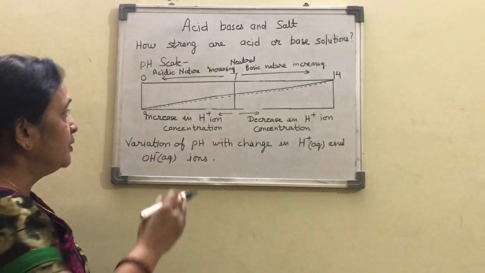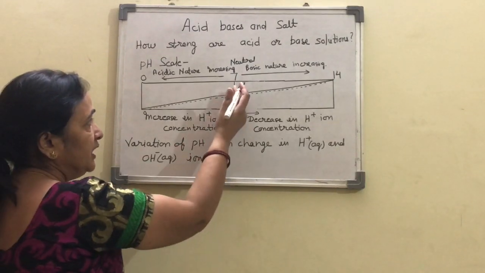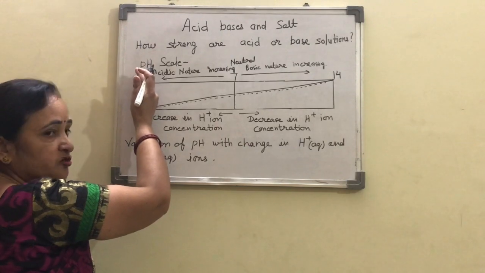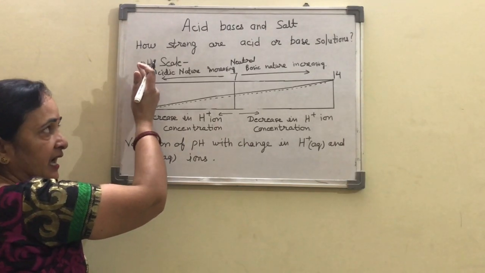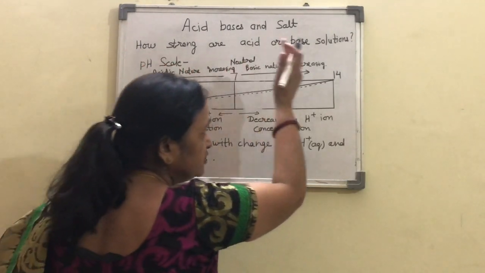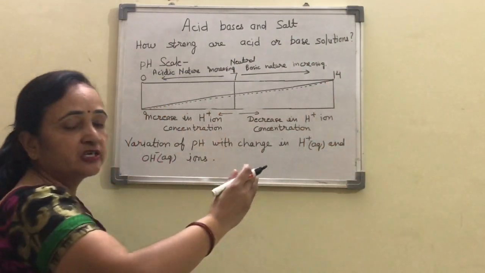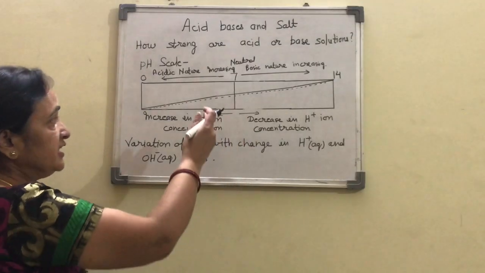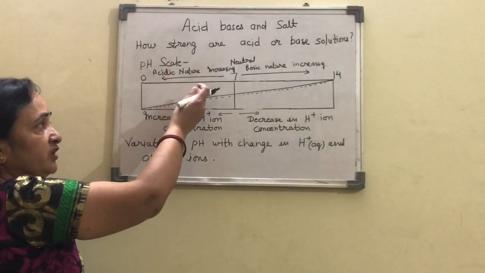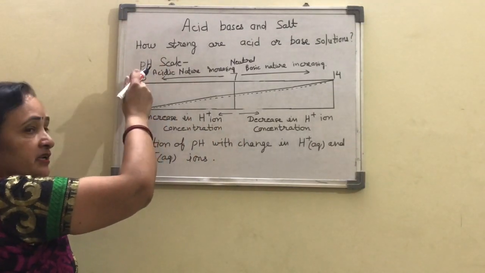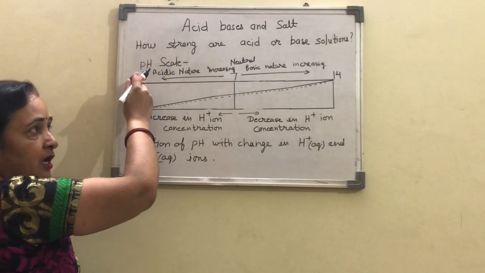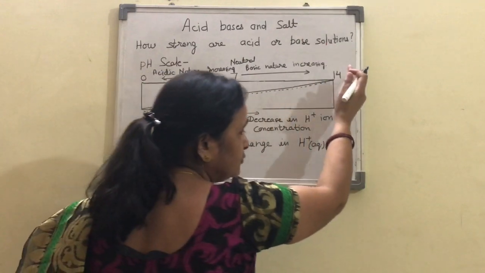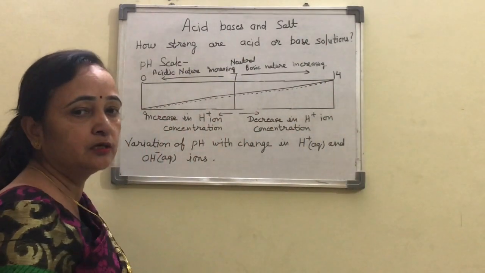Here you will observe that if we move from 7 towards 0, the solution will be acidic, and if we move from 7 to 14, the solution will be basic. In case of acid, if the pH value is less, then the acid will be strong, and in case of bases, if the value is more, then it will be a strong base.